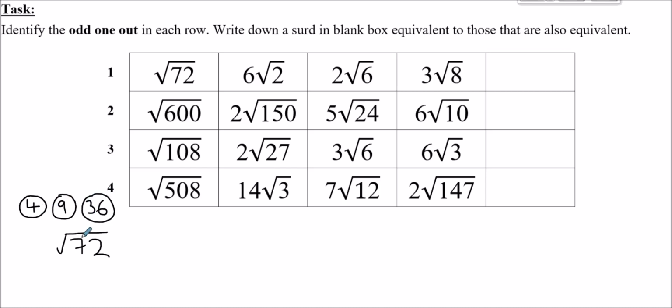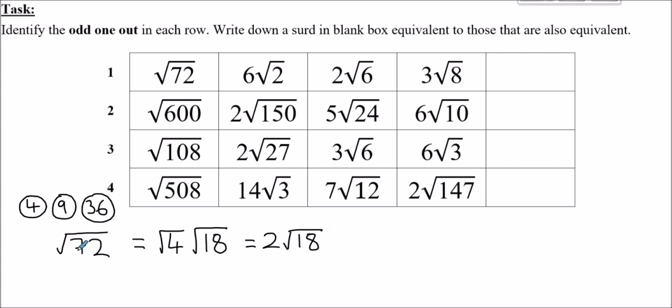Obviously we have 1, but sectioning this off into 1 and 72 isn't going to get us very far. So 72 we can rewrite as 4 times 18, because root 72 is the same as root 4 times root 18. 4 times 18 is 72, so that's the same as 2 root 18.